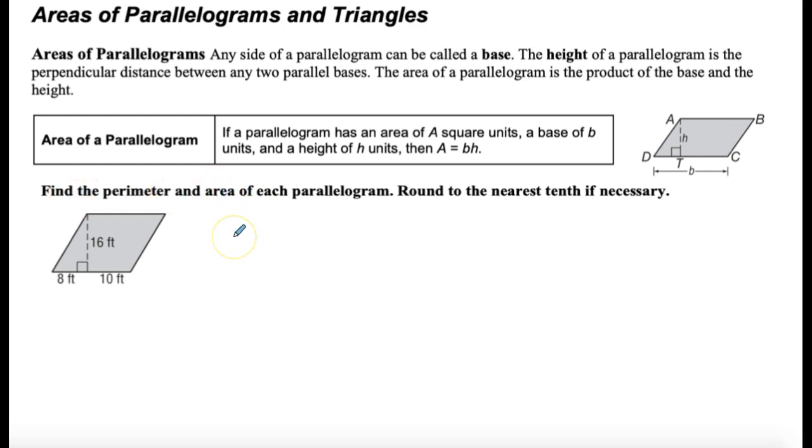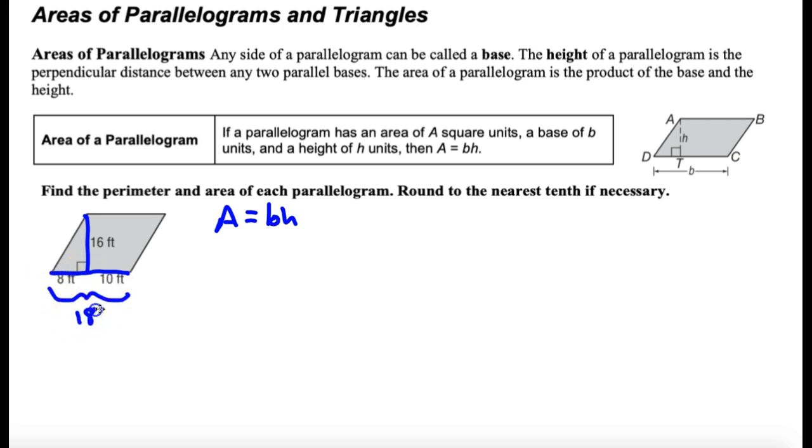All right. So let's now take a look at one where we don't have all of the necessary information. Let's actually start with area on this one. For the area, we do have all the necessary information. Area is base times height, and we have the entire length of the base, and we have the entire height. So the entire length of the base, they split it up here, is going to be 8 plus 10.